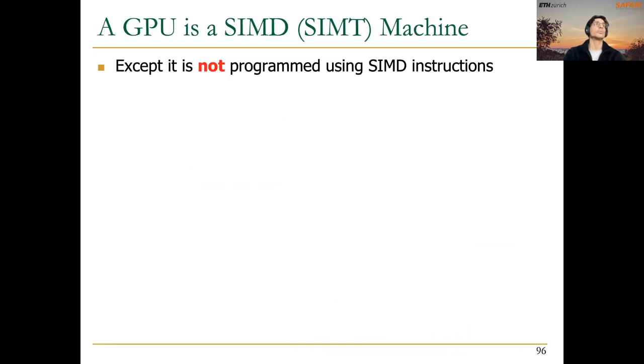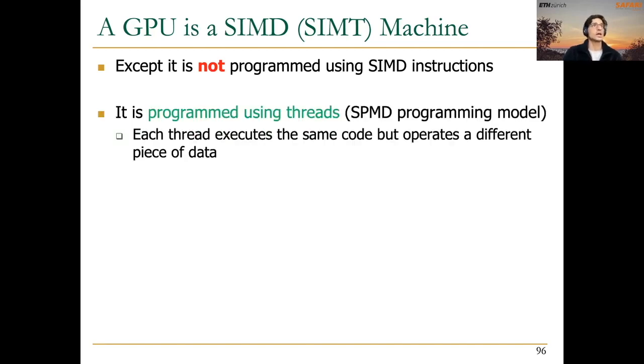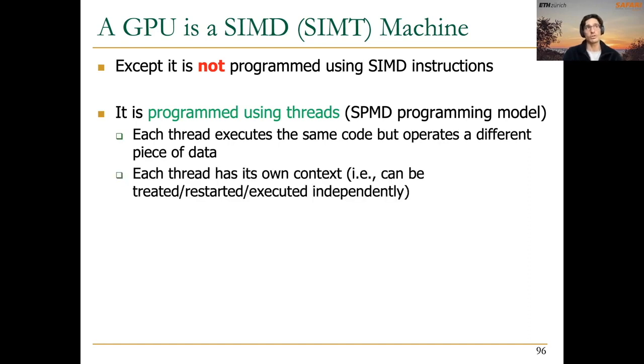So a GPU is a SIMD machine. The difference is that it's not exposed to the programmer. The programmer doesn't use SIMD instructions. The programmer uses threads, and each thread executes the same code but operates on a different piece of data.